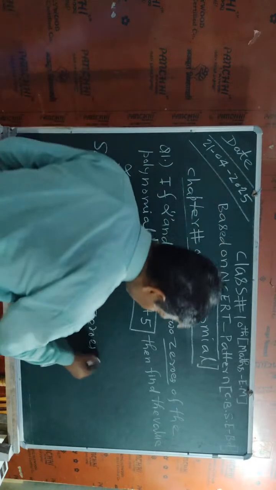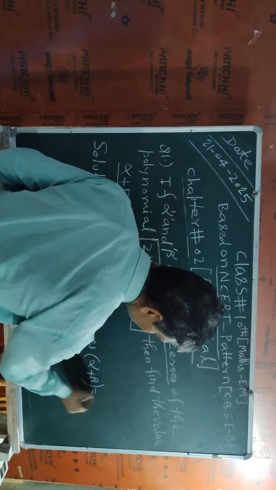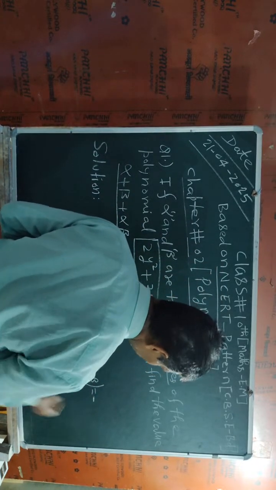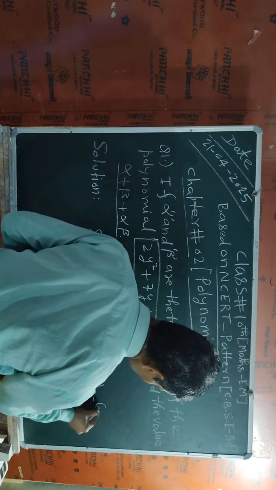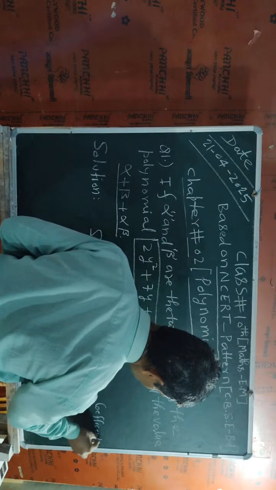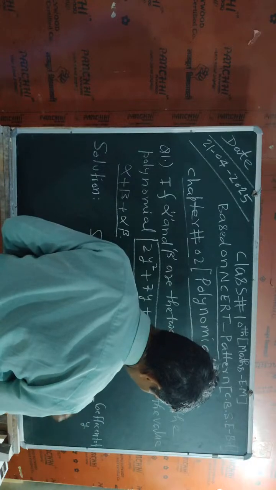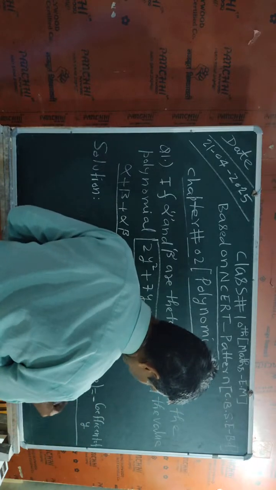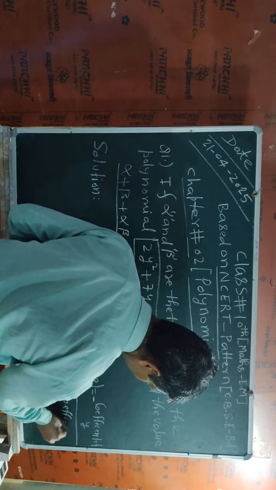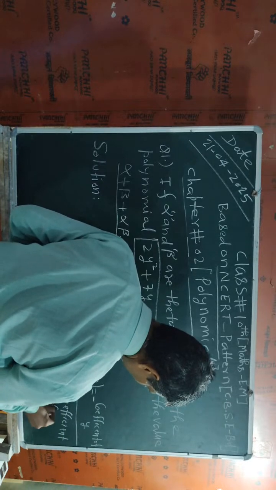In other words, alpha plus beta is equal to minus the coefficient of y divided by the coefficient of y square.